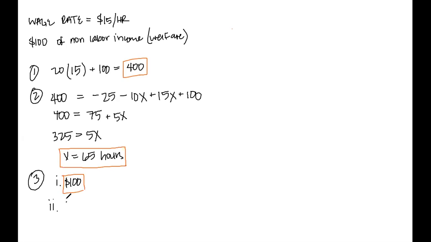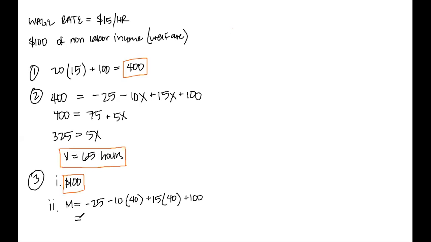So income, which I'm just going to say is M, is going to be negative 25 minus 10 times 40 plus 15 times 40 plus 100. And we can just solve it out.